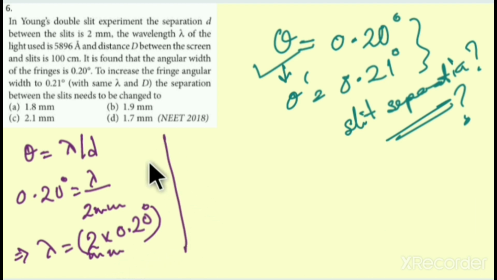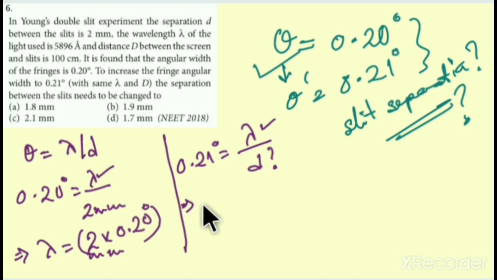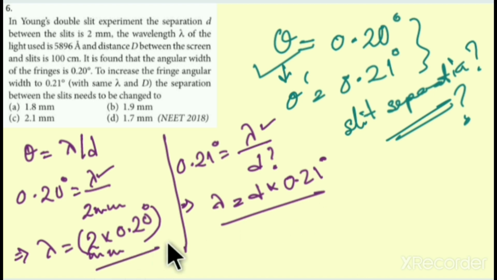And in the second condition, 0.21 degree is equal to lambda by d. We don't know the d, and lambda is the same for both the cases. Here lambda is equal to d into 0.21 degree. So this and this will be equal.